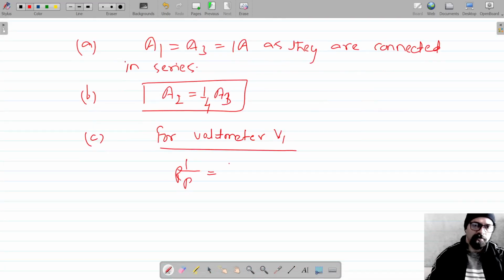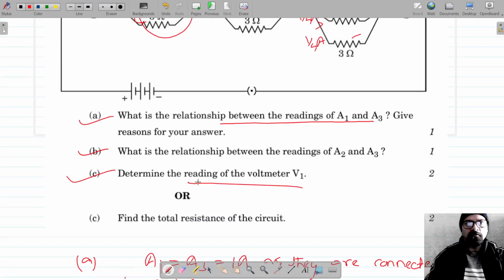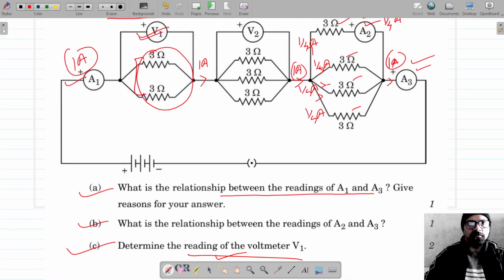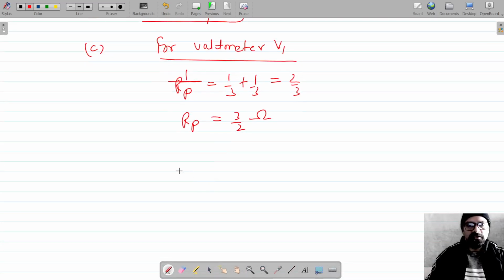That is 1 by Rp is equal to 1 by 3 plus 1 by 3, which is equal to 2 by 3. So Rp is 3 by 2 ohm. And we have to find the reading of voltmeter V1, so we have to find the potential difference here.